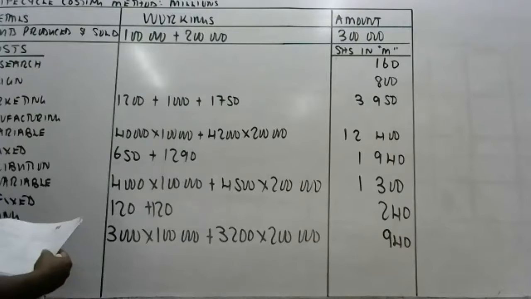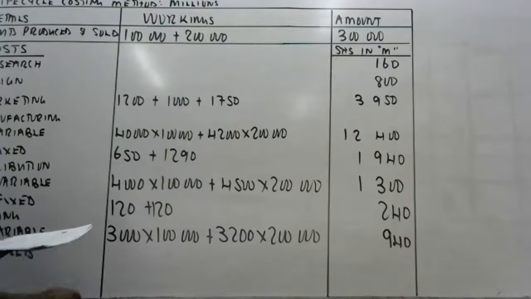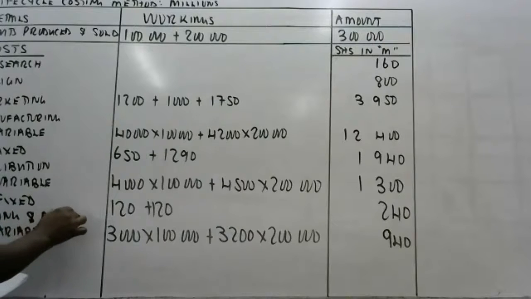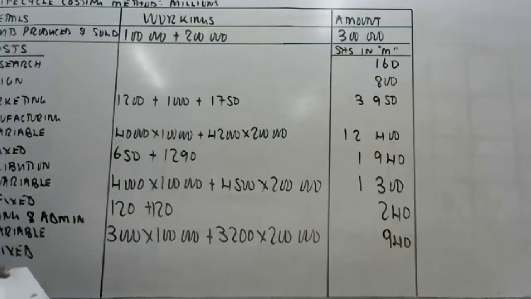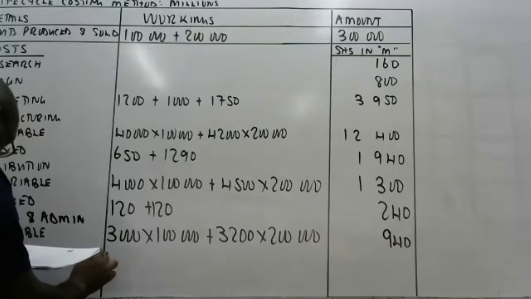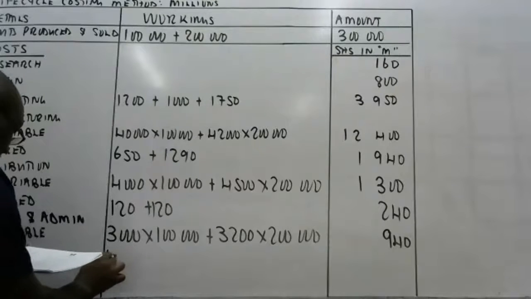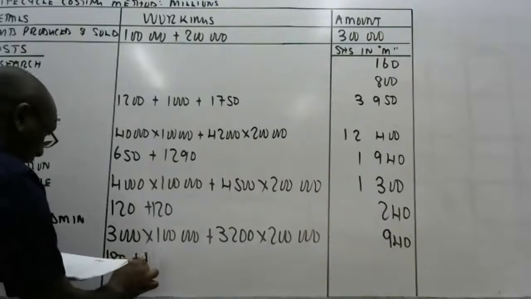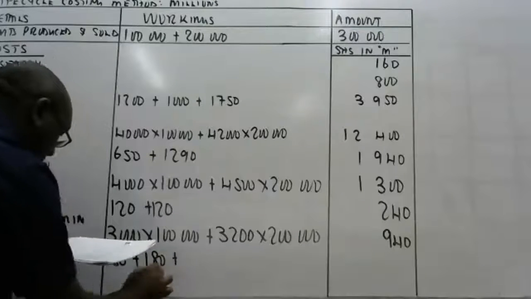That is for the selling. Now that I forgot to include admin, let us say selling and admin, so that I combine them here this way. For the selling, 180 plus 180, those are the sellings.